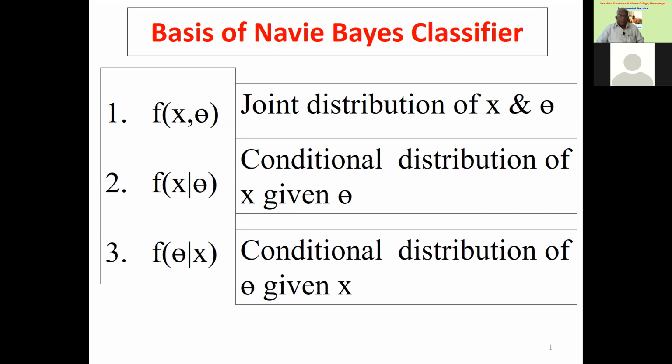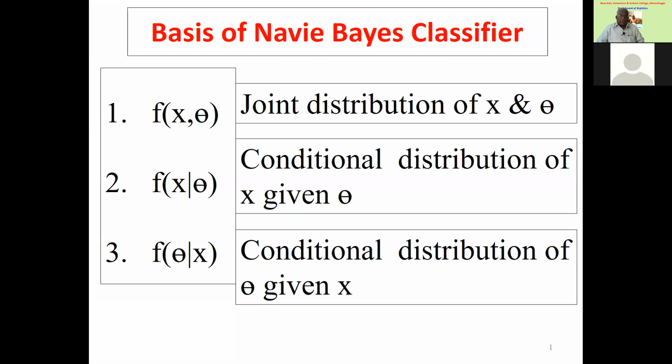So remember that the third case is quite different. You are using sample information and you are talking about the possibilities of population parameter theta. That is the difference between f of x given theta and f of theta given x.